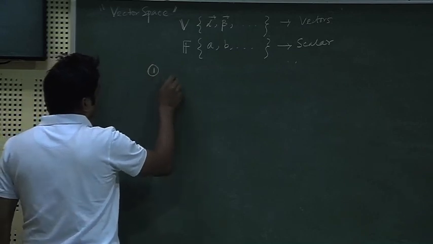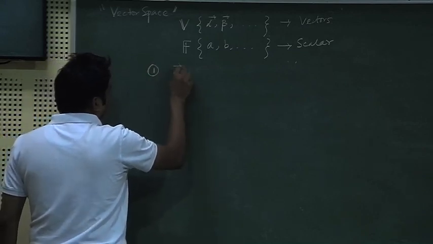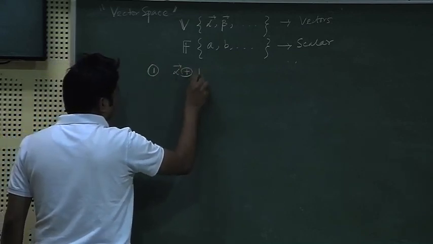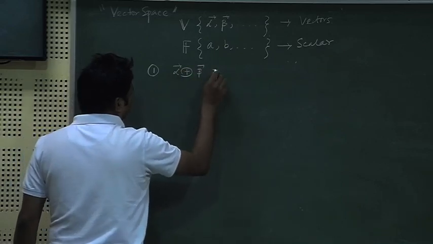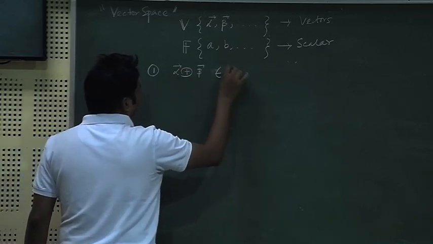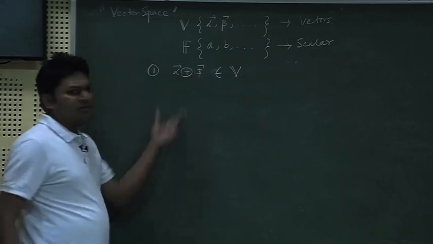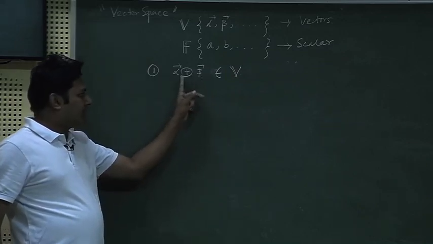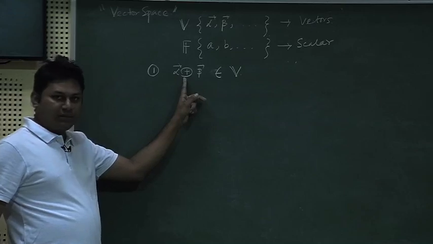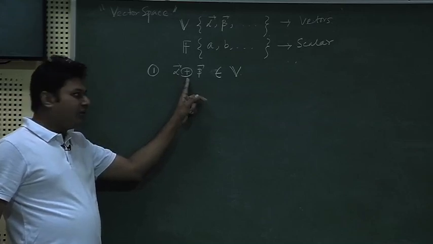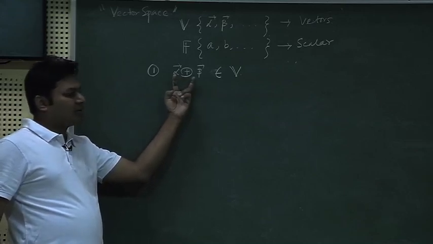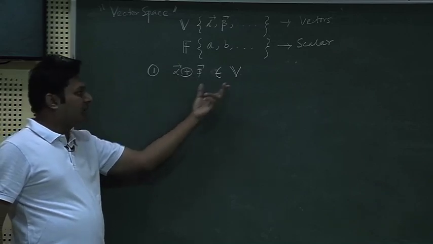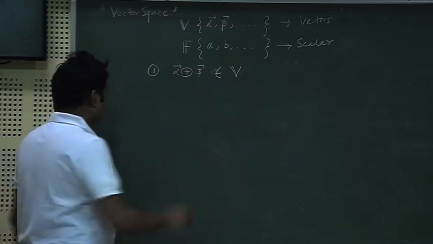The first rule is alpha plus beta belongs to V, which is trivial: alpha is a vector element, beta is a vector element, and I am associating these two with my plus operation according to the rule that if these two elements are from the vectors, whatever result I get should be a vector.